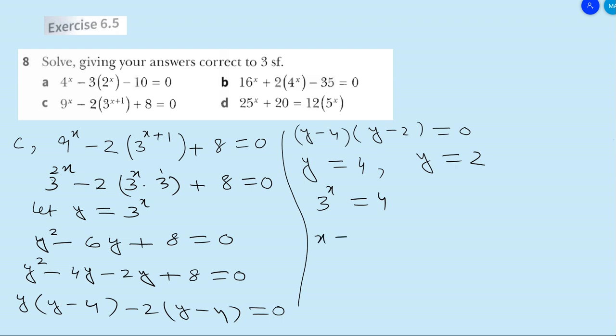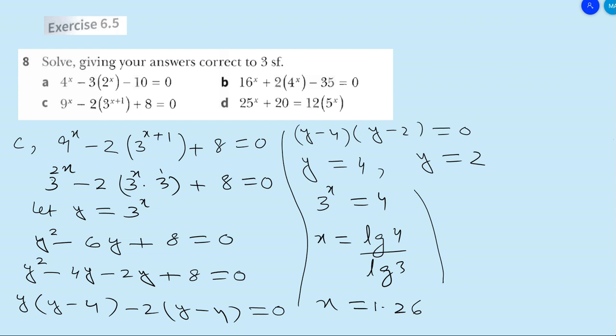Then taking log on both sides, x is equal to log 4 upon log 3. So x is equal to, the answer is 1.26.